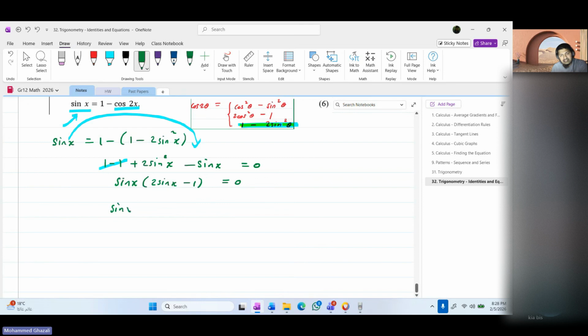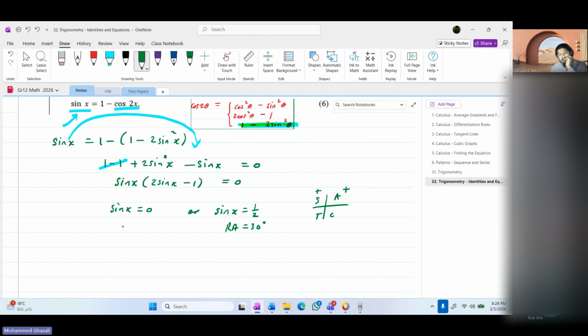So sine x is equal to 0, or sine x is equal to half. This is easy. We are using the CAST diagram to solve this. So sine of 30 is half. Reference angle is equal to 30 degrees. First quadrant and second quadrant, right?